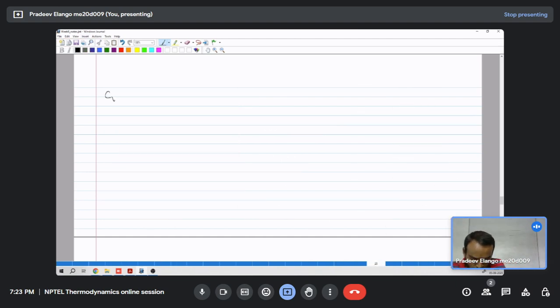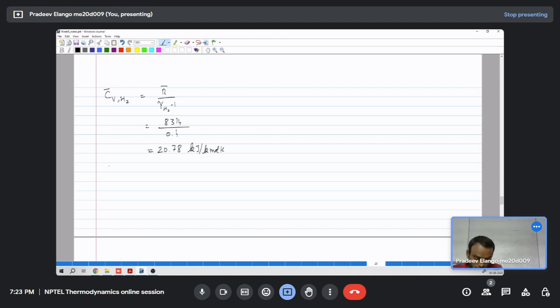Similarly, Cv of hydrogen is R bar by gamma of hydrogen minus 1, that is 8314 by 0.4, and that is 20.78 kilojoule per kilomole Kelvin.